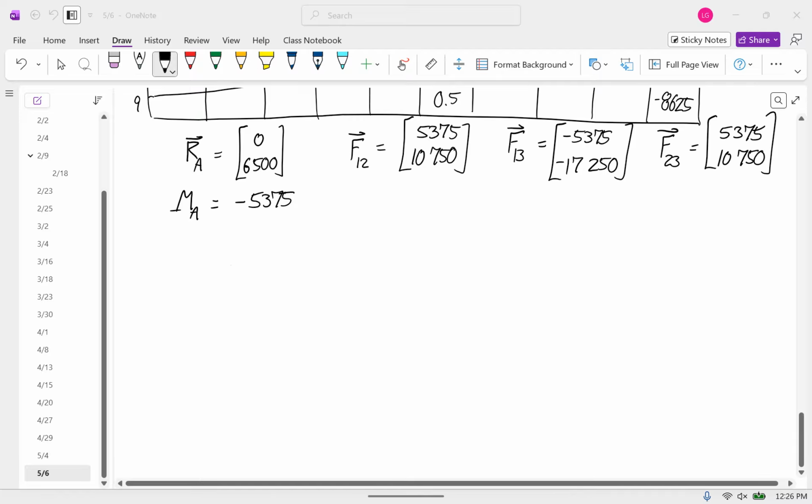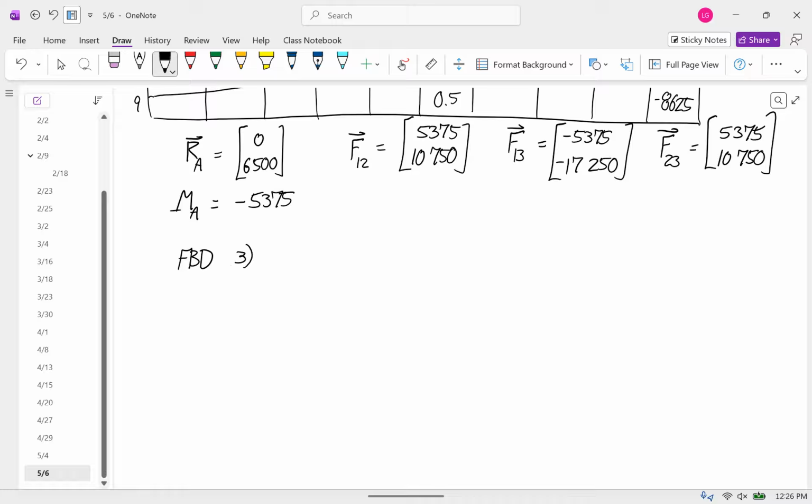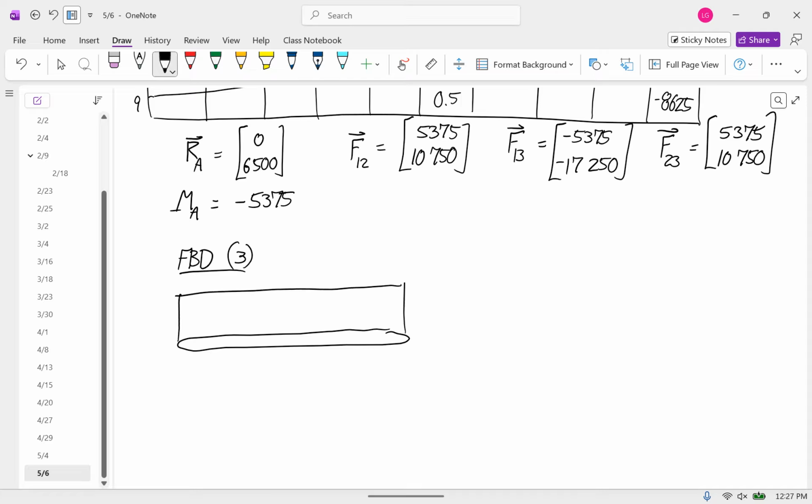We have to put all the external loads on this body. So if I draw a free body diagram of member 3, that was the horizontal member, we have this distributed load that I think was 1,000 newtons per meter.